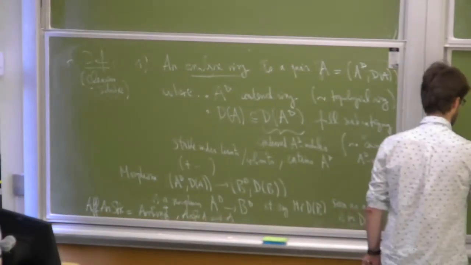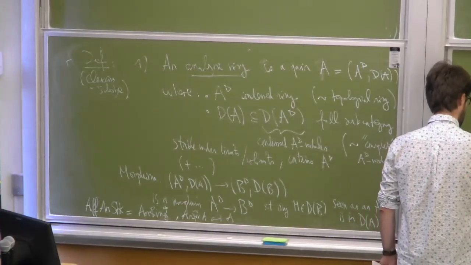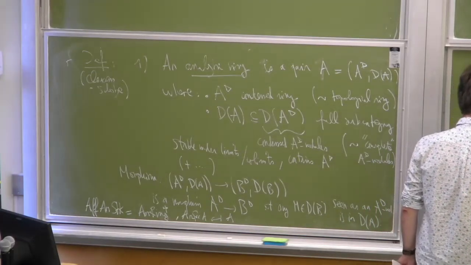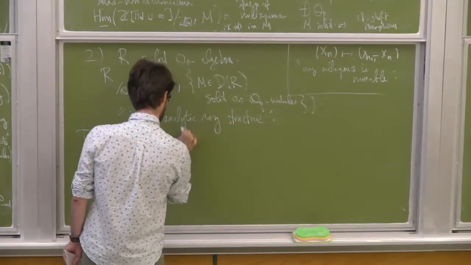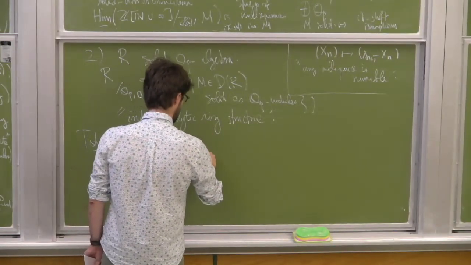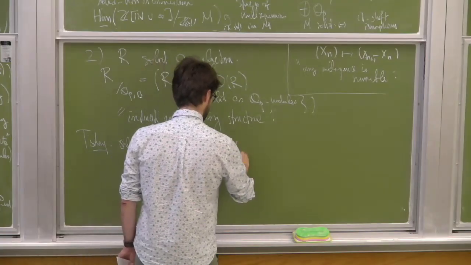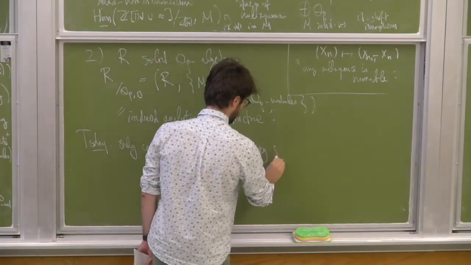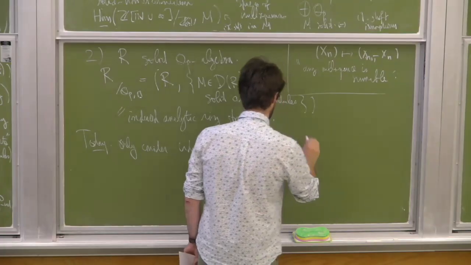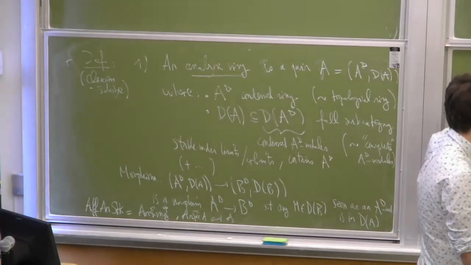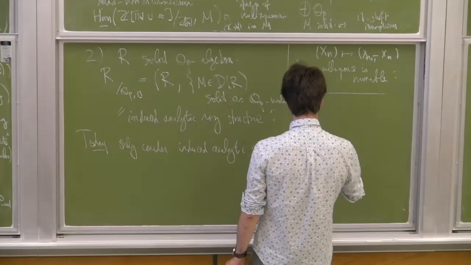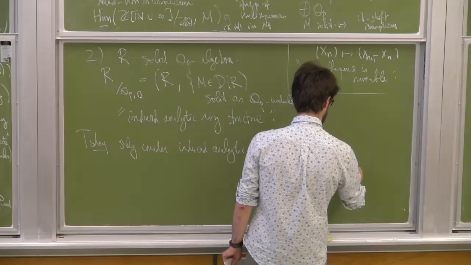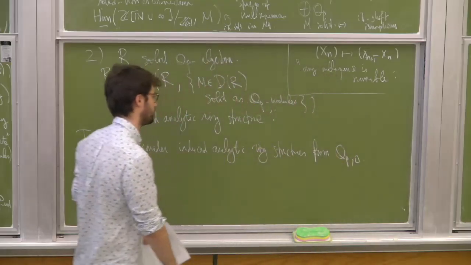And in this talk today, I want to only consider analytic induced analytic field structures from QP. So I'll be doing rigid geometry in some generalized sense. I will be considering some more generic class of topological QP algebras, but I will always just endow them with an analytic field structure which is coming from QP.